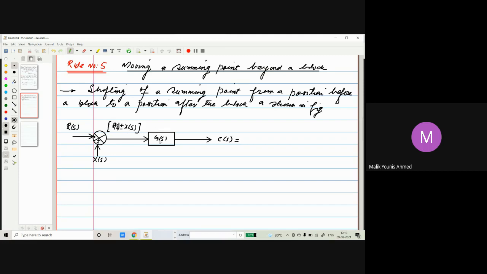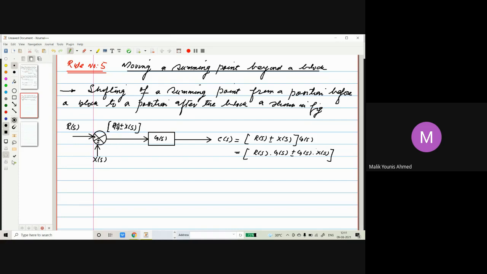This is input, this is transfer function. Input multiplied by the transfer function, that is R(S) plus minus X(S) into G(S). If we elaborate this, C(S) will be R(S)G(S) plus minus G(S) into X(S). So this is the circuitry we have.